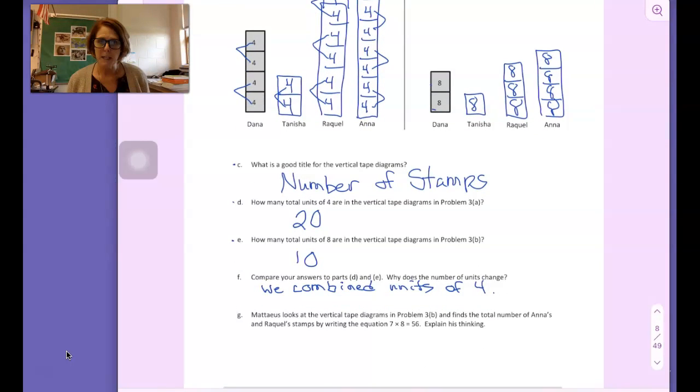Let's look at letter G. Mateus looks at the vertical tape diagrams in problem 3B and finds the total number of Anna's and Raquel's stamps by writing the equation 7 times 8 equals 56. Explain his thinking. What did he do there?